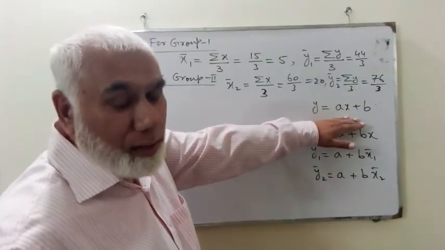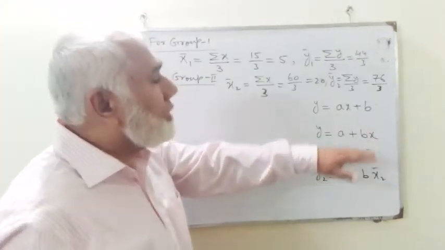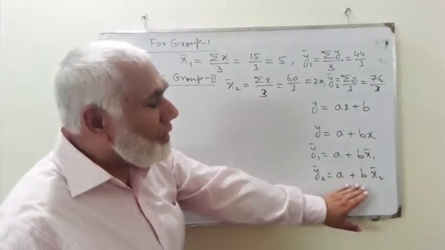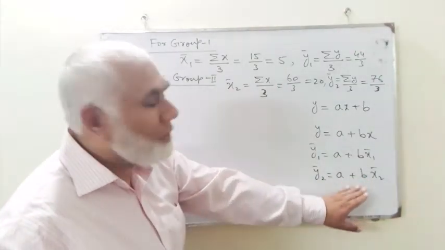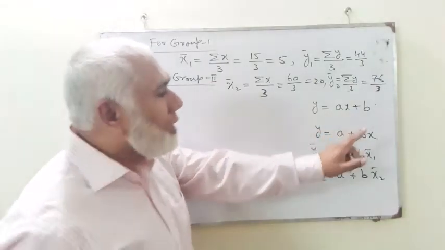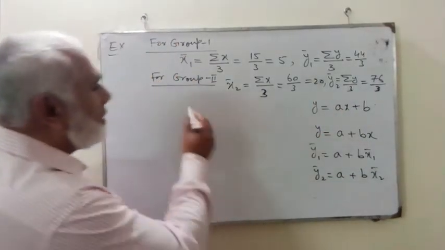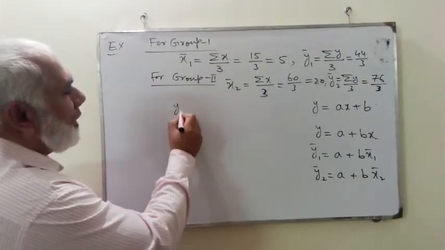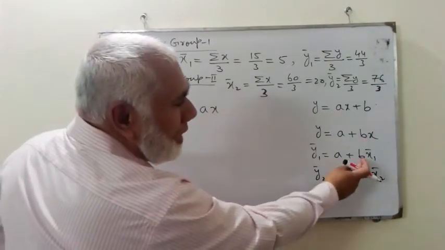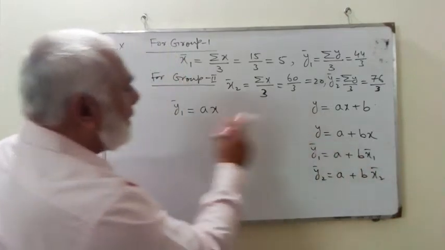This is important whenever you are solving a question. If the equation is not just like that, you can't use these equations directly. You have to make changes according to the equation provided to you in the question. So according to this equation, the form becomes y1 bar equals ax1 bar plus b, because a is now the slope. Here I am replacing b by a.